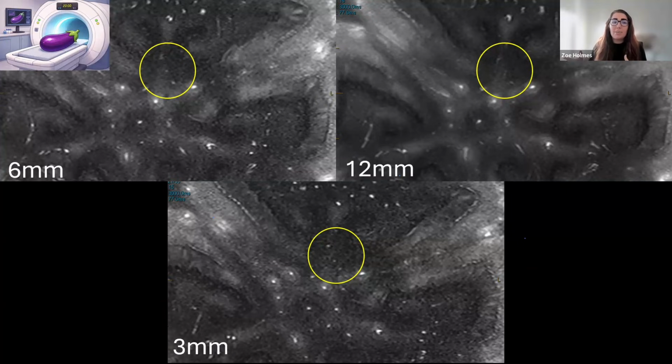In this example with the eggplant, we lose the ability to differentiate these three very small white dots, which doesn't mean much when we're looking at an eggplant. But clinically, if this was small metastatic disease, or a missed exiting nerve root in the spine, this could be clinically significant.